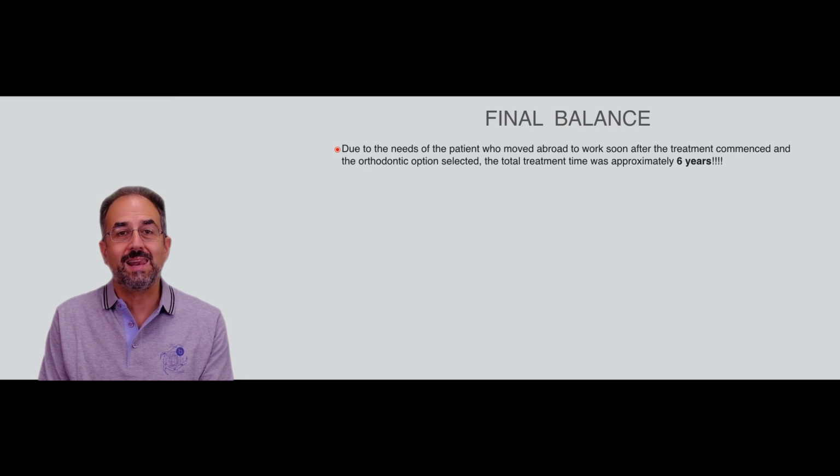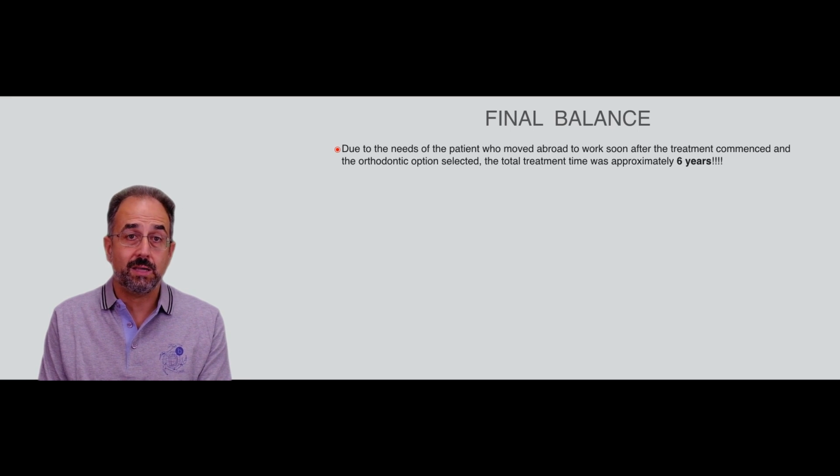Certainly, first of all, the length of time of this treatment was humongous. It took us 6 years. 6 years is a huge amount of time, and never before had I had such a long treatment time for a patient. This was due to two factors.